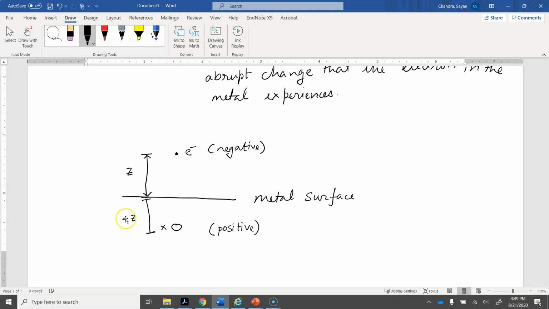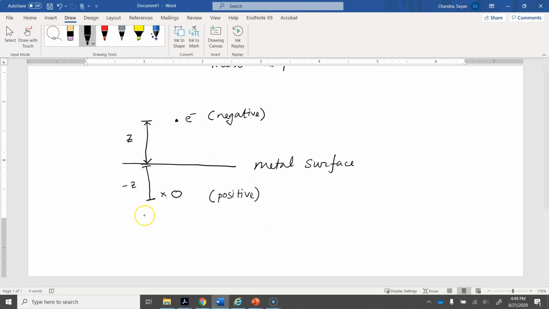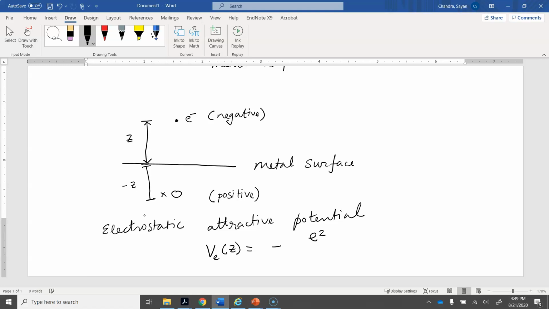As a consequence of that, the electron experiences an electrostatic attractive potential, which can be expressed as V as a function of z, that's the distance from the surface of the metal, is minus e squared over 16 pi epsilon z.